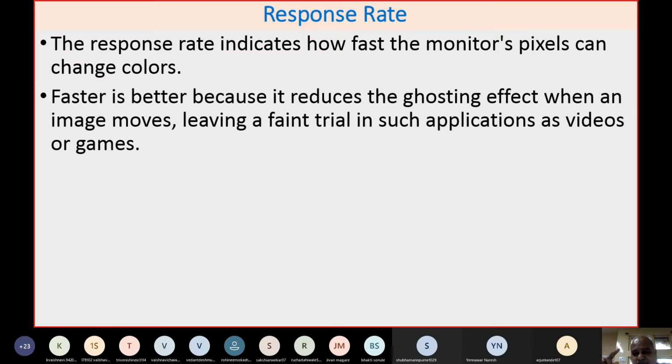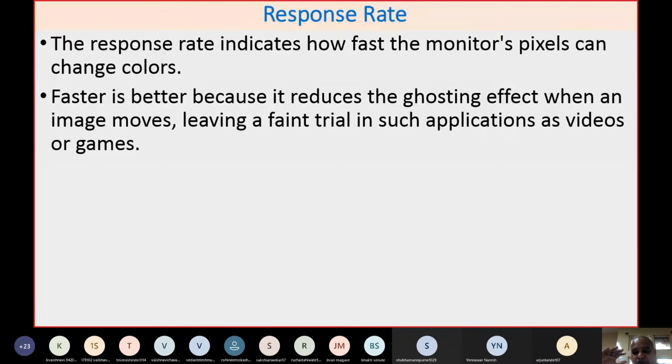For response rate you have to have a very high scanning frequency. Here, instead of 16 frames per second, you may go for 120 frames, or even refresh rates going to 244 frames per second.